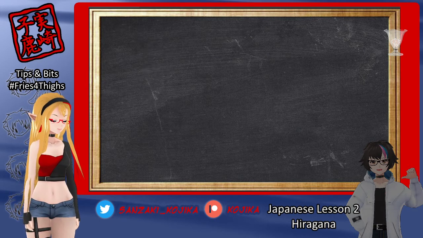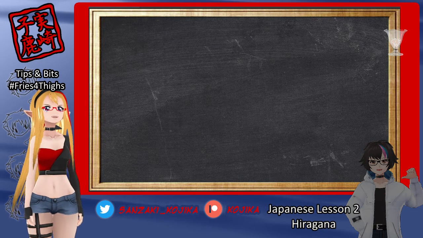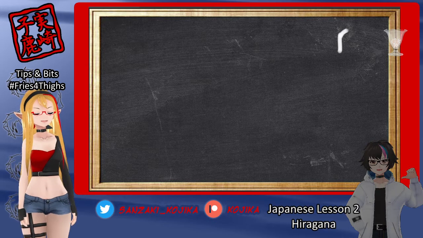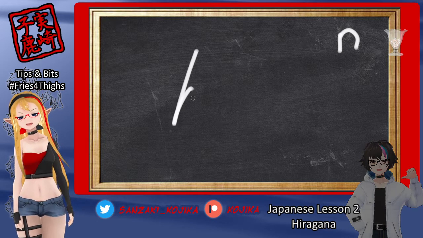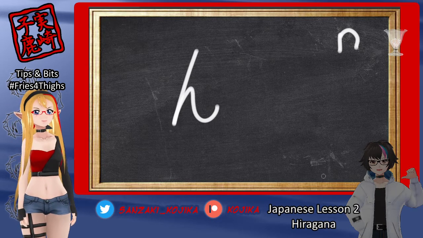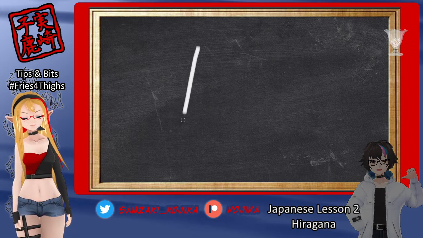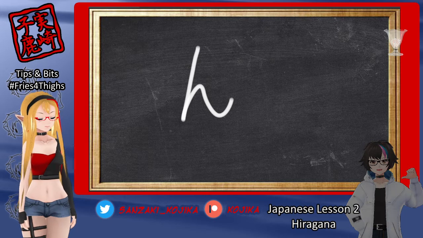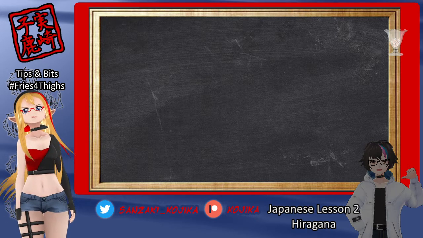All right. So the last letter we have from this part of the alphabet is N. And yes, as in just the letter N. It looks like an H. It's all one stroke. All right, do you want to make your N?